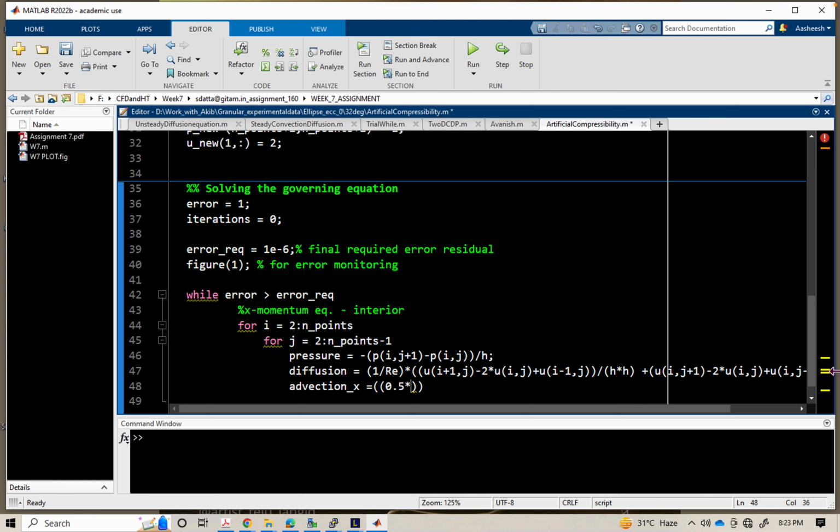That staggering is uij plus ui minus 1j by 2, something like that, meaning ue is equal to ue plus up by 2. So that is what I am writing here. I want to again say that if you want to understand this code properly, you have to watch the lecture or my session which I do, because it's a big code, I can't do it again and again.